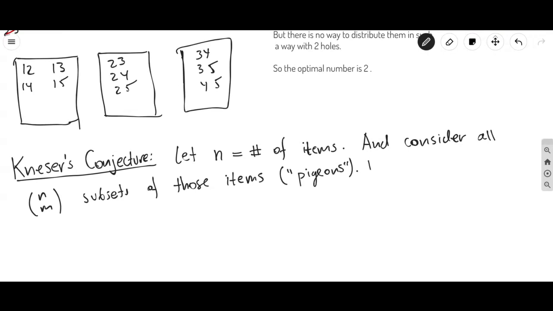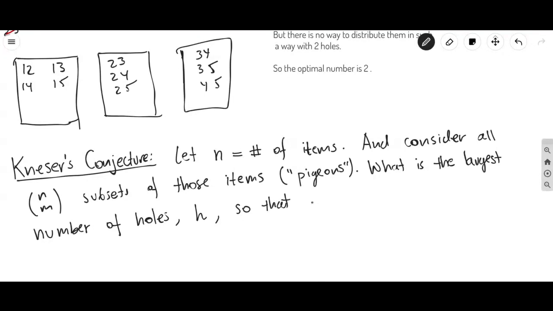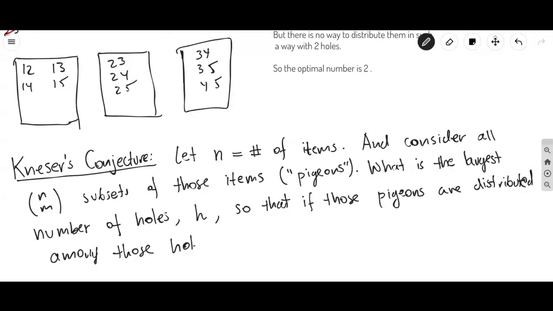And the question is, what is the largest number of holes h, so that if those pigeons are distributed among those holes, then we are certain.